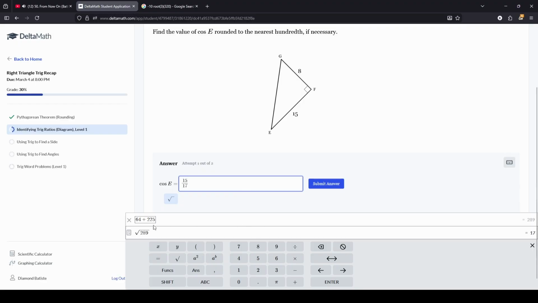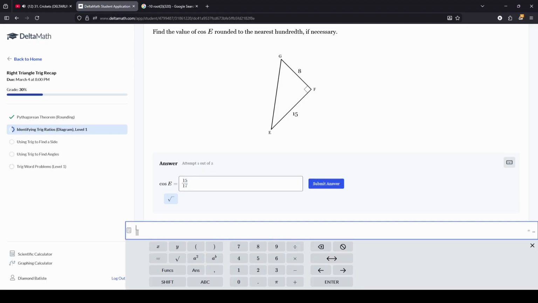Oh, hey, what do you know? That's still rounding. I mean, it was gonna be rounding, obviously, but it's more different than I thought. Okay, then we get 0.88.